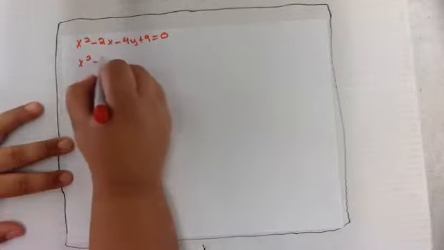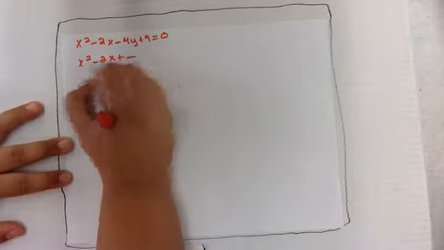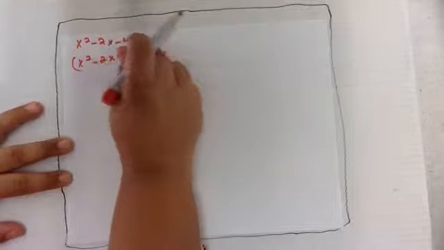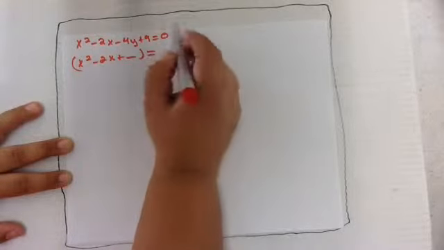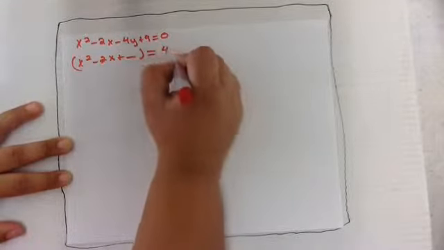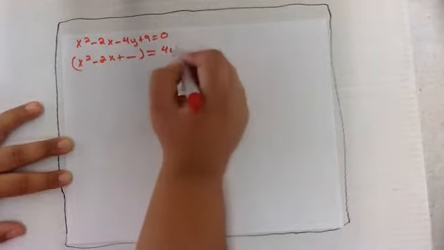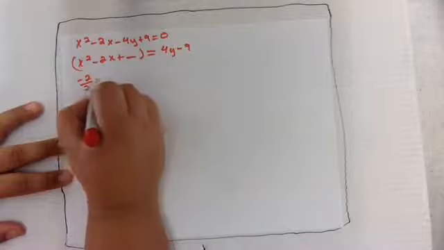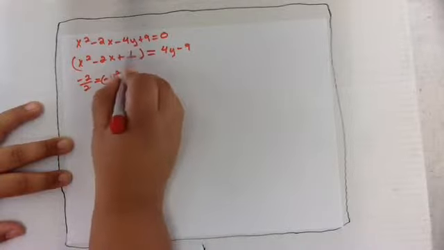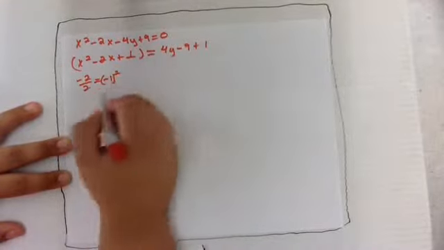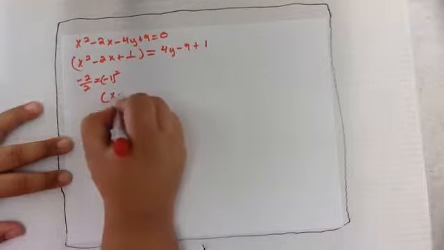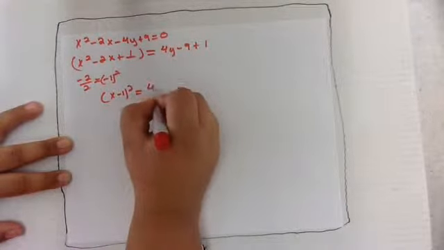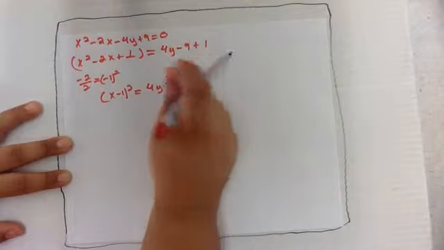So x squared minus 2x plus a number equals 4y minus 9. I'm going to move my negative 4y to the other side, so it becomes positive 4y, and the 9 to the other side, so it becomes -9. So -2 divided by 2 is -1, squared gives me 1. So I add 1 to the other side. So this will become x minus 1 squared equals 4y minus 8.